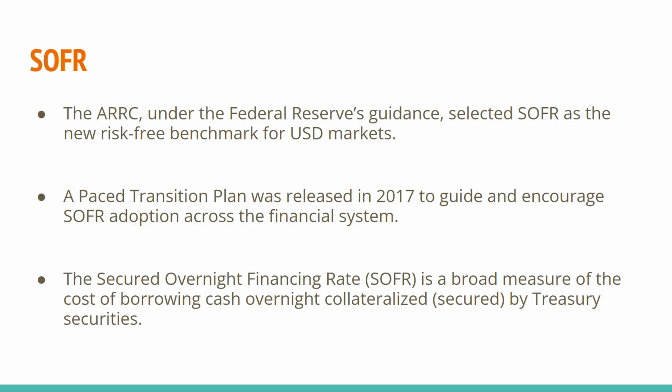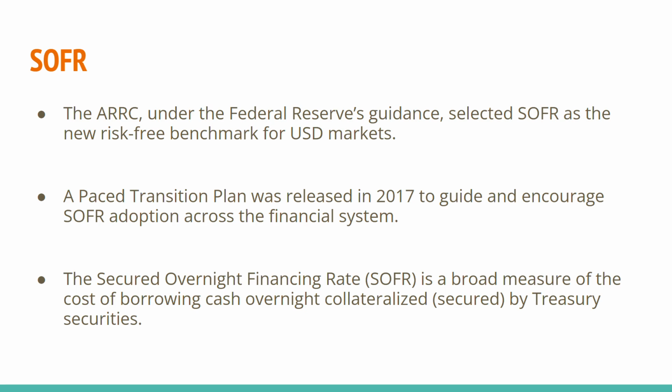Now after the 2008 crisis, the number of unsecured transactions started decreasing quite drastically, right? So the data that these banks were submitting was now based mostly on their judgment, right?